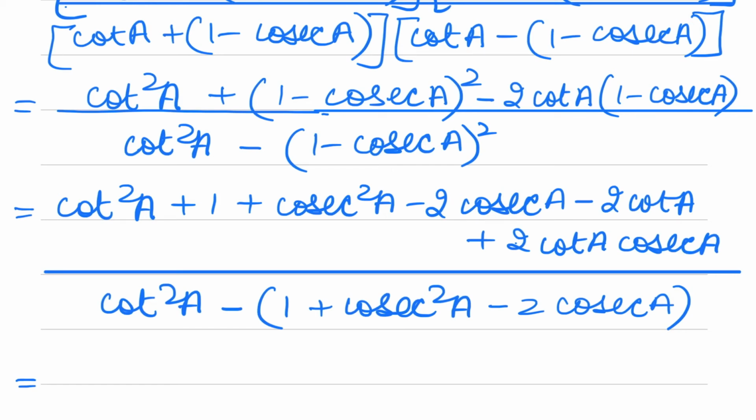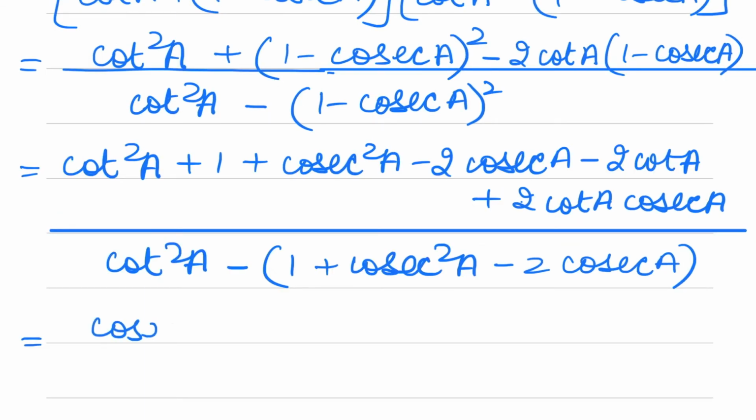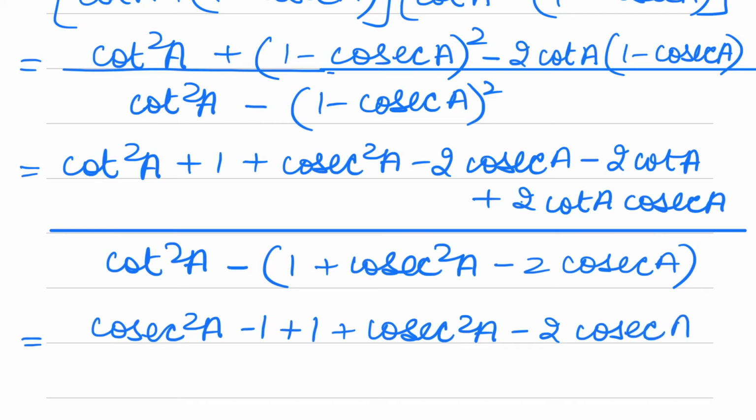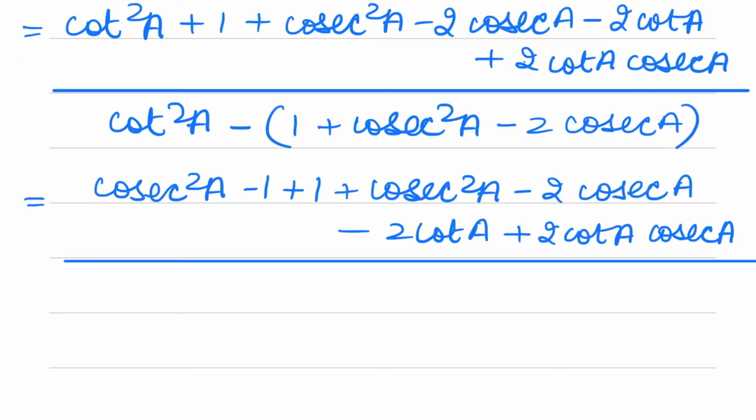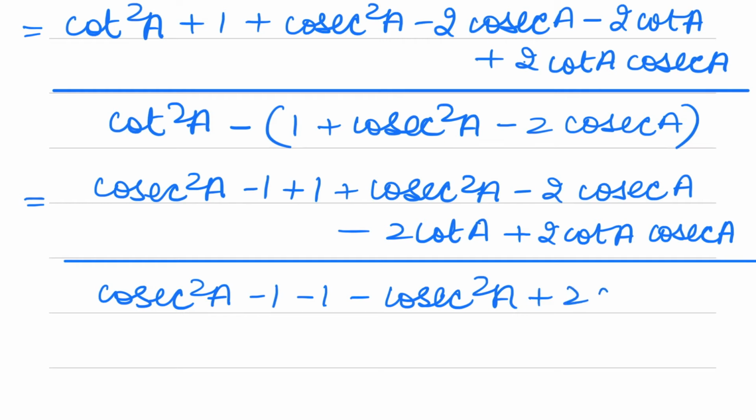Now I can write cot square a as cosec square a minus 1, then we have plus 1 here, plus cosec square a minus 2 cosec a minus 2 cot a plus 2 cot a cosec a, divided by, again here also cot square a can be written as cosec square a minus 1, and I'll open the bracket, so minus 1 minus cosec square A plus 2 cosec A.